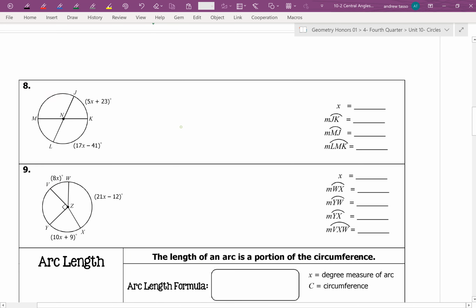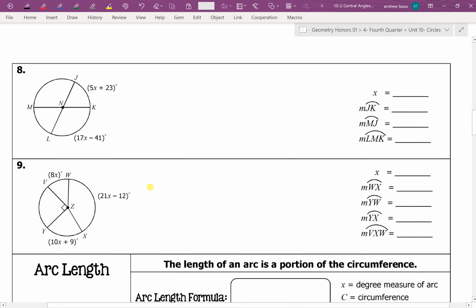Okay, so now you've had a chance to try these, and let me just go through them quickly. So here, this and this, if you add them together, you should get 180 degrees, right? Because this is a diameter. So if we add these expressions together, here we'll get 22x, okay? And then we have negative 41 with 23.